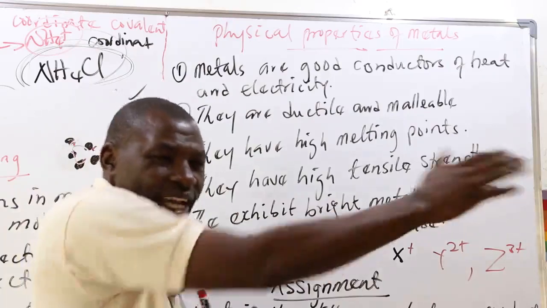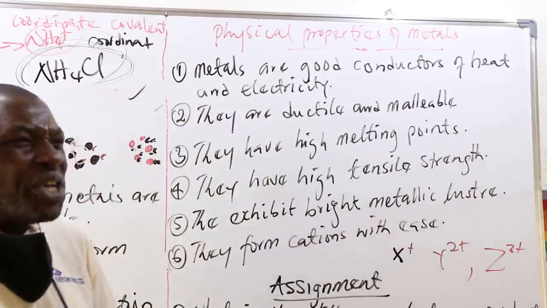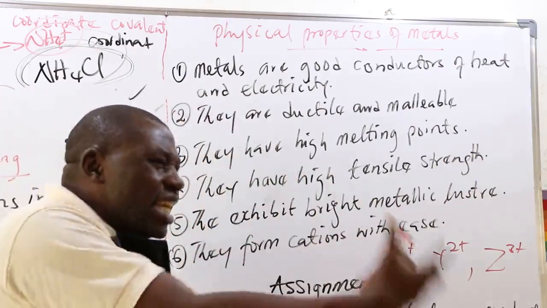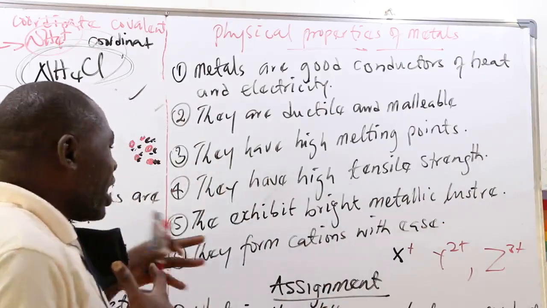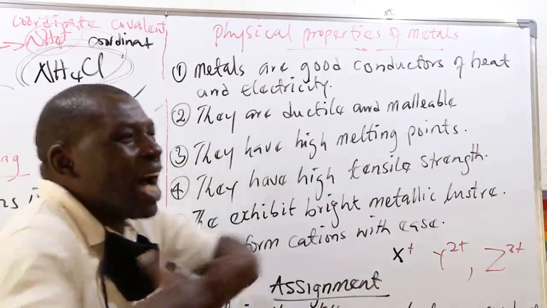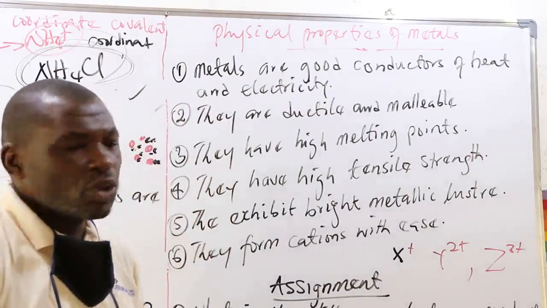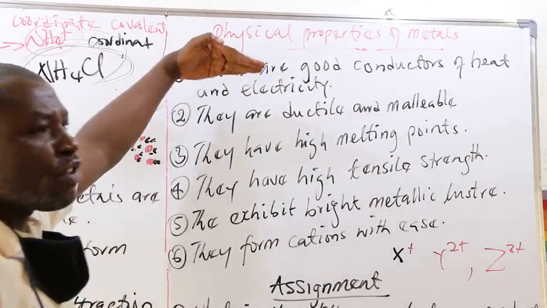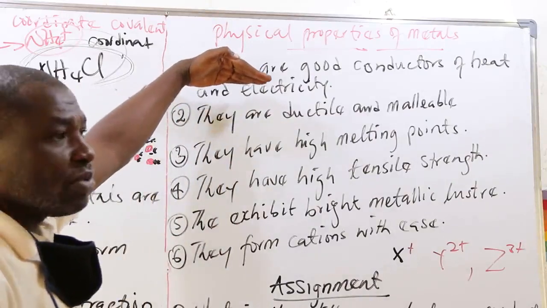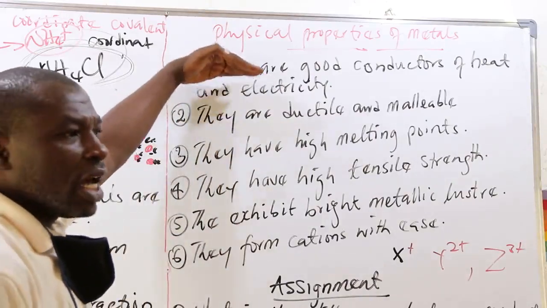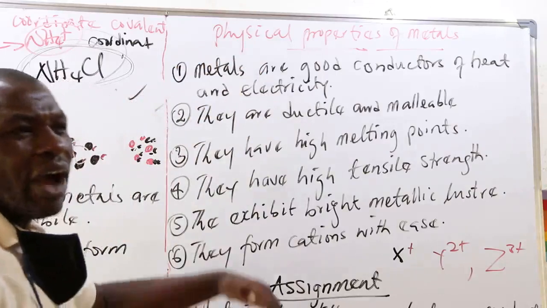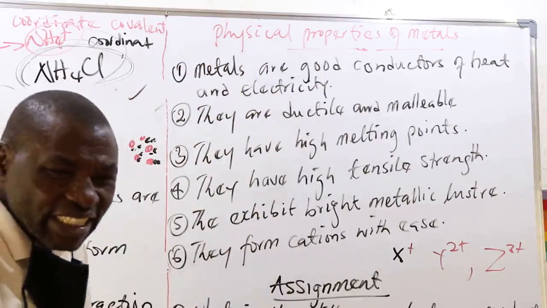They give out electrons. And the ease with which a metal gives out electrons determines its reactivity. If you look at the periodic table, we say as you go down the group, ionization energy decreases.